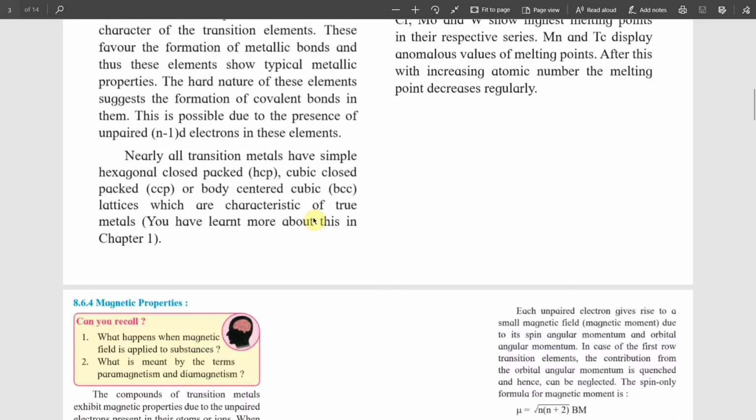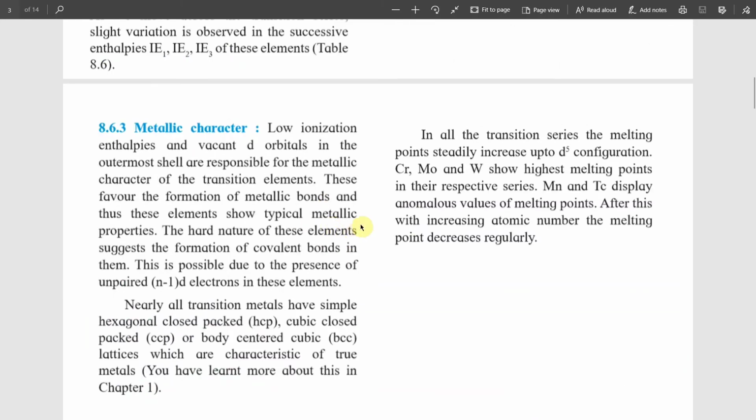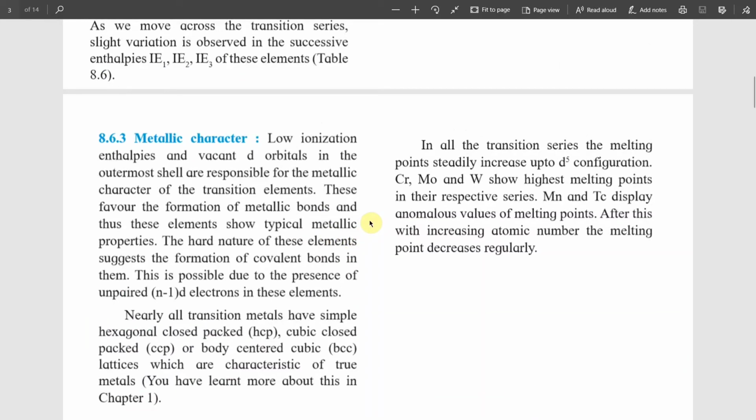Nearly all transition elements have hexagonal close-packed (HCP), cubic close-packed or body-centered cubic lattices, which are characteristic of true metals.